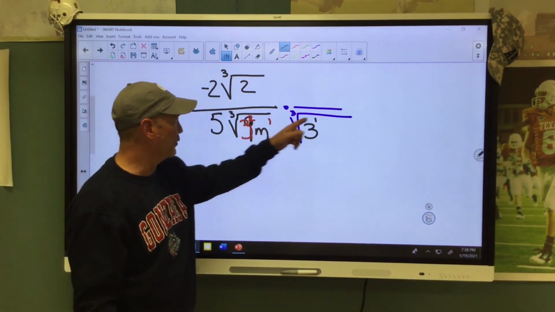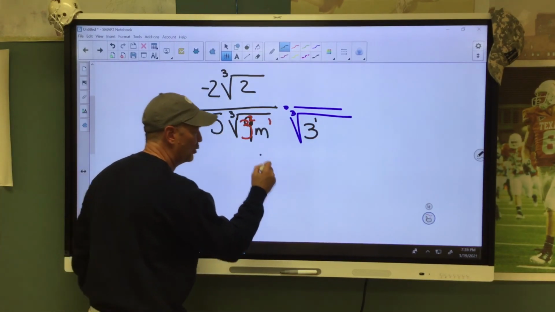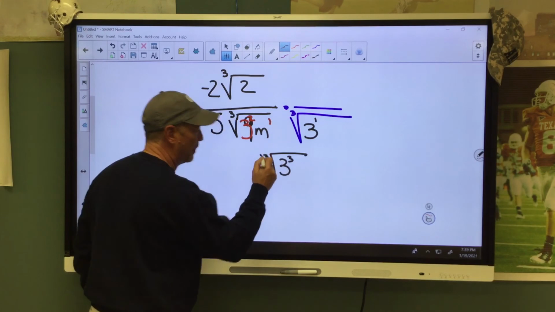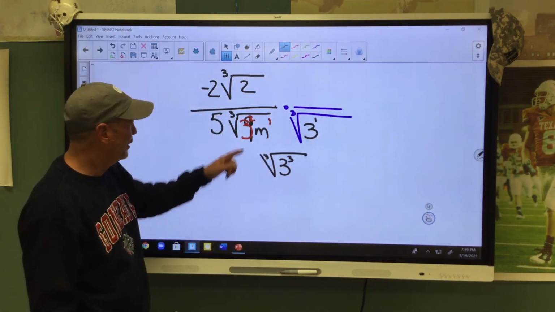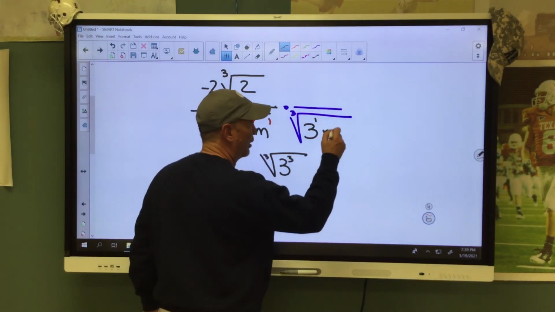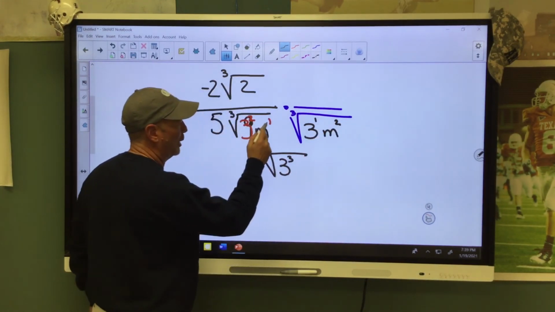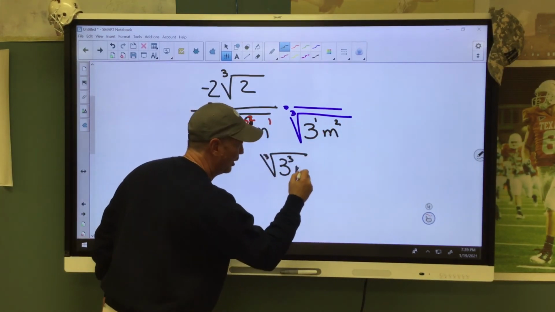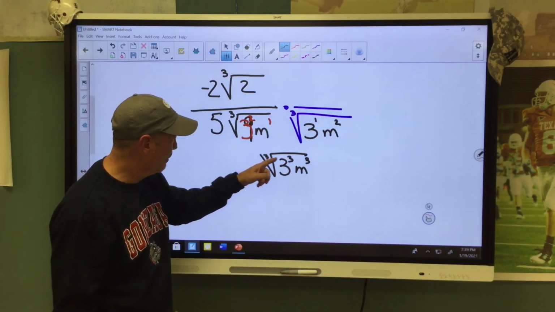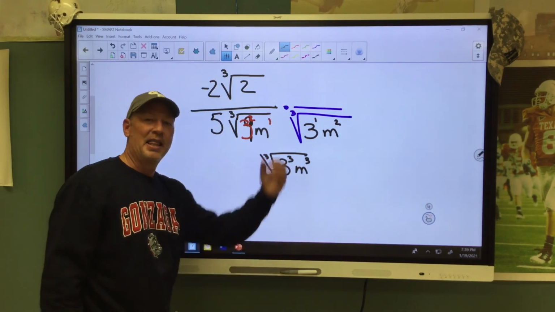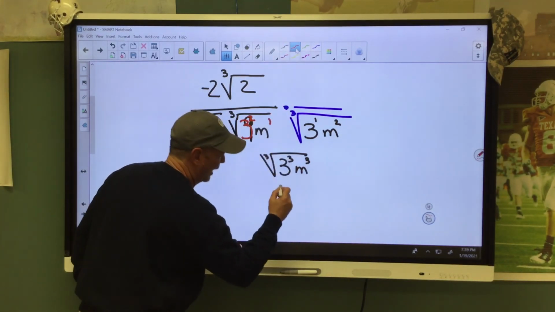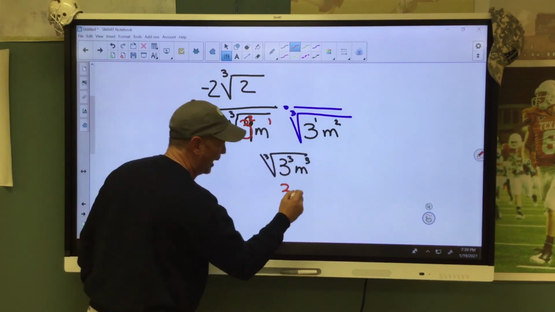Because 2 plus 1 is going to give me 3 to the third. This is a 1, so I need 2 more. 1 plus 2 is 3. Now my root matches my exponent. They will drop out. This is going to drop out a 3. This will drop out an m.